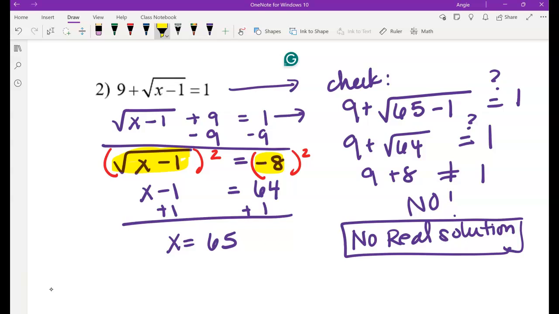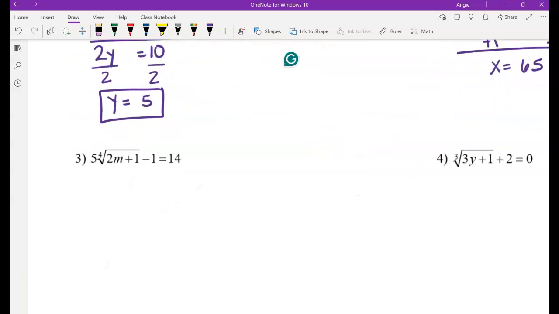Even roots cannot have a negative answer. In this case, these are numbers, so we can't just go and stick an absolute value around these. So if you have an absolute value, it can't be negative. Well, you can't have a square root be negative. So in this case, if you see that you have a square root and it equals a negative number, you can go straight to no real solution.